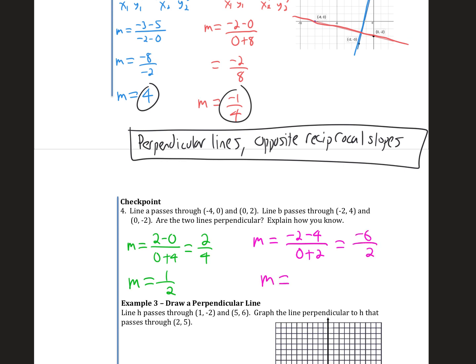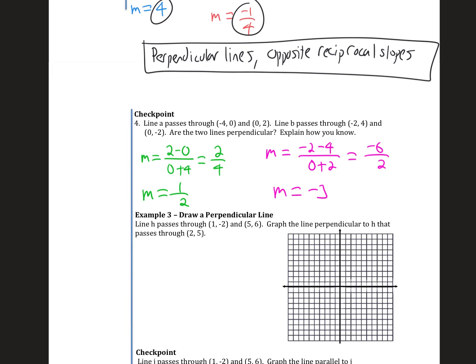So m equals negative 3. Now, are those lines perpendicular? They are not, because we have 1/2 and negative 3. So no, not opposite reciprocal slopes. Okay? So that is why they are not perpendicular.